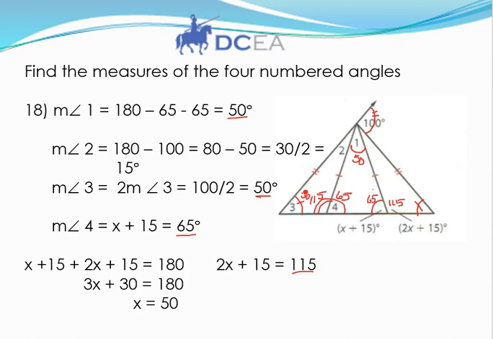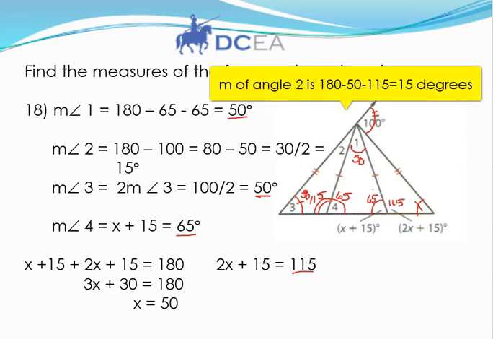And now we can solve angle 2 by subtracting 50 and 115 from 180. So 180 minus 50 minus 115 equals 50 degrees. Oh, and I did it a little differently on here. It still came out, but I found a shorter way.